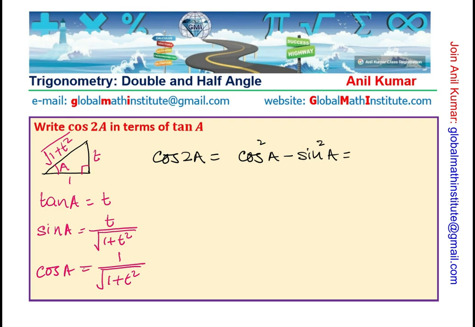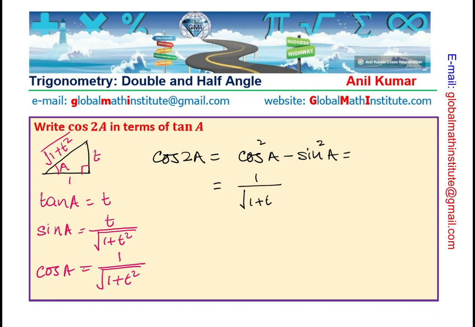And from here, cos square a is what? Just square this, right? So we can rewrite this as 1 over square root of 1 plus t square whole square. And sin square is t over square root of 1 plus t square, right? Whole square means this, correct?